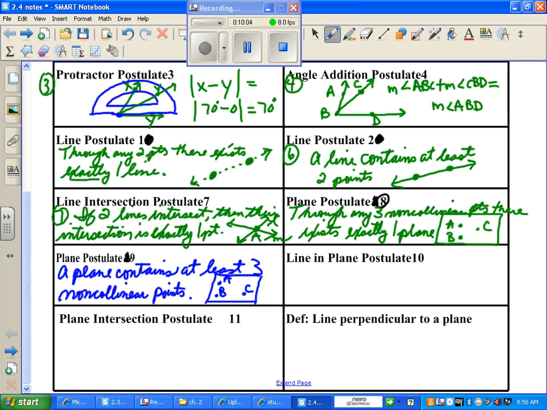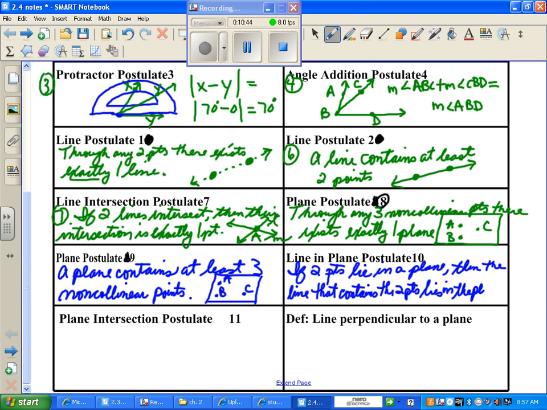Okay, postulate number 10 is the line in plane postulate. It says if 2 points lie in a plane, then the line containing them lies in the plane.